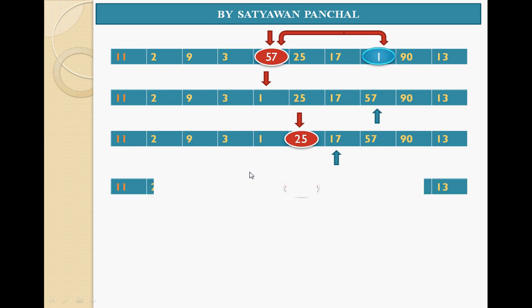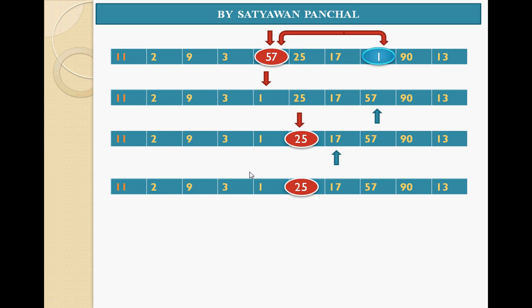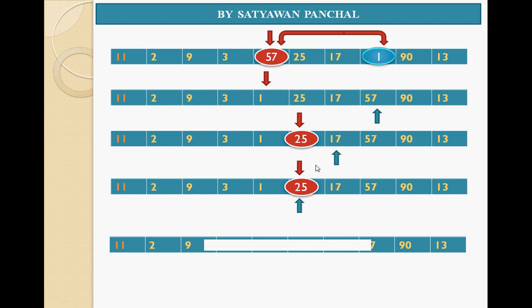We'll see here 25 is the point of consideration. Well, we were going on the right side, and on the left side we keep on doing this, and here 25 is again the point, but we need to find the smaller element.